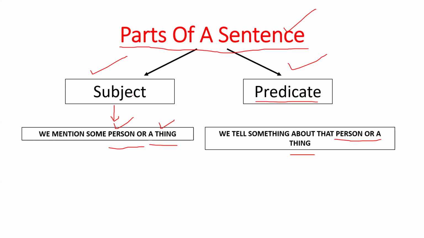So that is how we have distributed these parts of a sentence. One is the subject, one is the predicate. Got it? Subject is the person or a thing that is mentioned in a sentence. And predicate is the information about that person or a thing in a sentence.